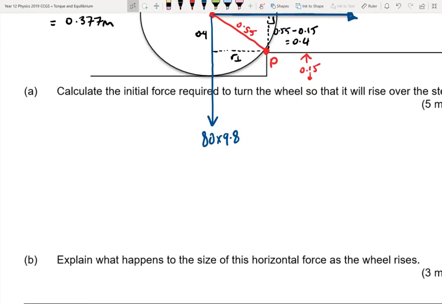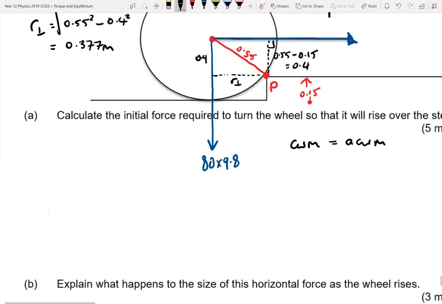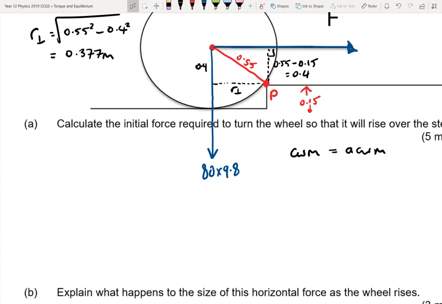And so it just becomes clockwise moment equals anti-clockwise moment. Our clockwise moment is going to be 0.4 F equals 0.377 times the weight of the drum. And so F is going to equal 745 newtons.